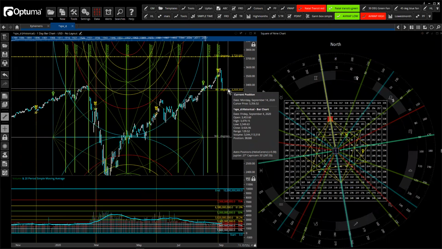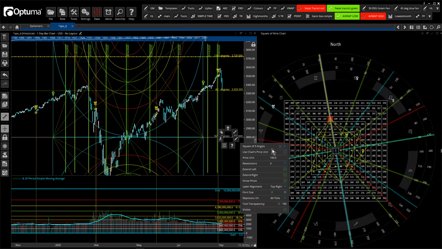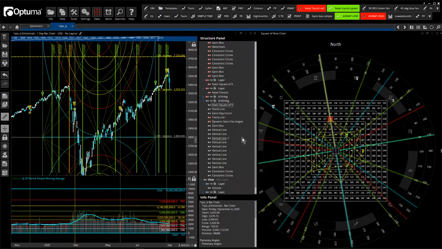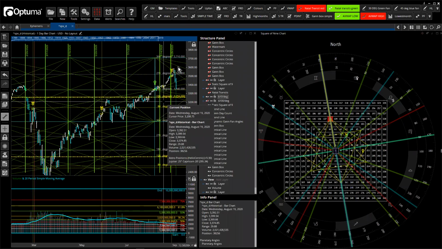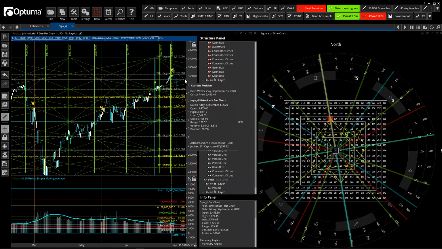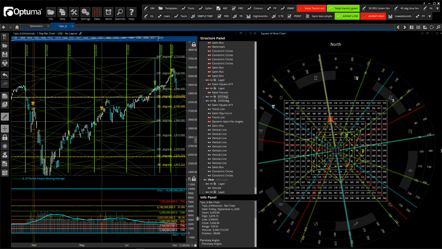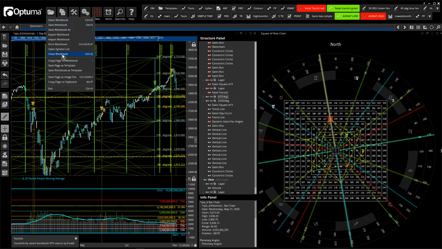So maybe moving from $100 per degree down to $10 per degree would be more substantial for smaller movements, and get the smaller movements in there. Maybe you're going to be looking at this on a 4-hour chart instead. So let's just take a look here, save it, close.